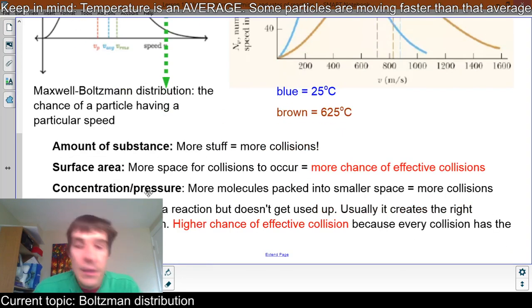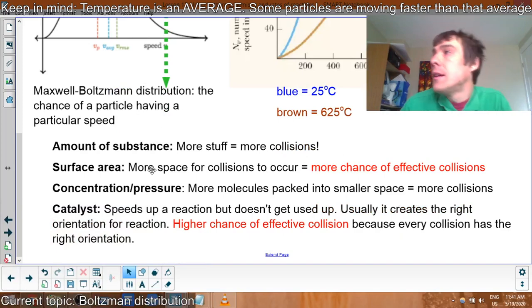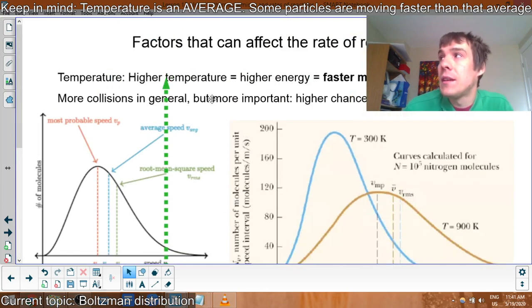Other things that can affect it: if you have more stuff, you get more collisions, so you get a faster reaction rate. Surface area, more surface area means more space for collisions to occur, so you get more effective collisions. Effective collisions is really the important thing, right?